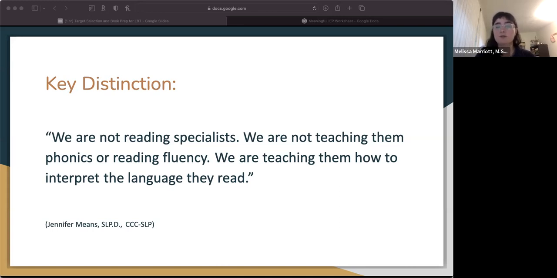We're teaching them to develop vocabulary, make inferences, which is also a social skill, draw conclusions, understand parts of the story so they can tell their own personal stories, their own personal narratives better. So all of that is sort of the underpinning of language that we are working on, not necessarily the letter sound correspondence or the phonics piece.